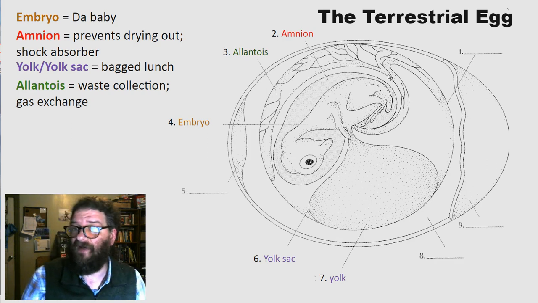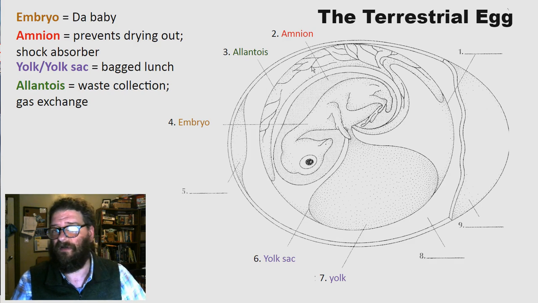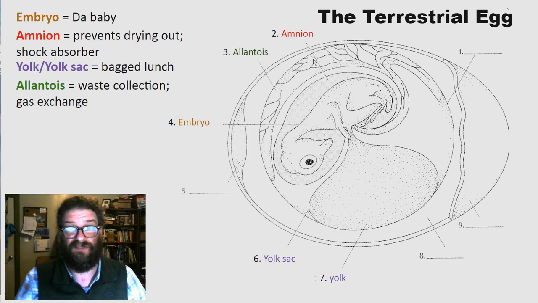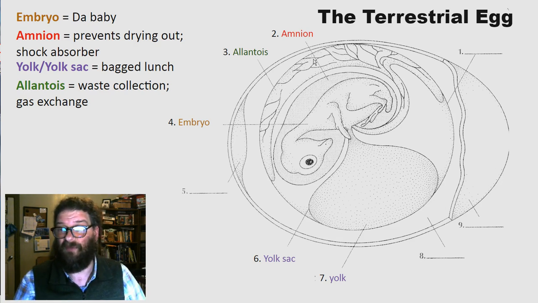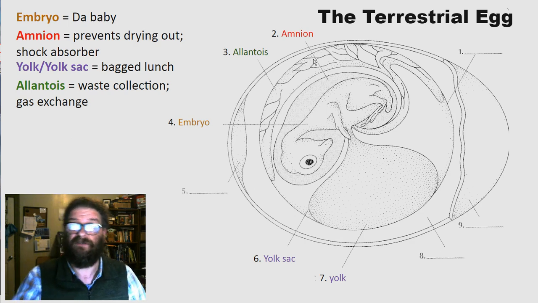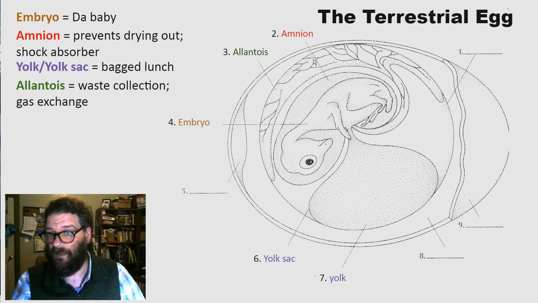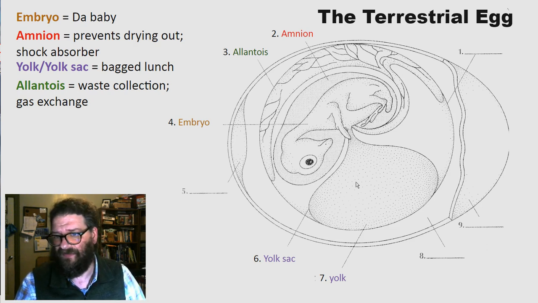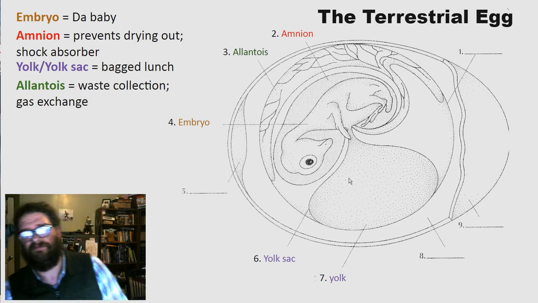And what these provide, well, first off, the blood vessels close to the surface along the membrane are going to provide a place for gas exchange to take place. So carbon dioxide off-gases from the baby's blood and oxygen diffuses into the baby's blood, and that's going to happen at both the allantois and the yolk sac itself.